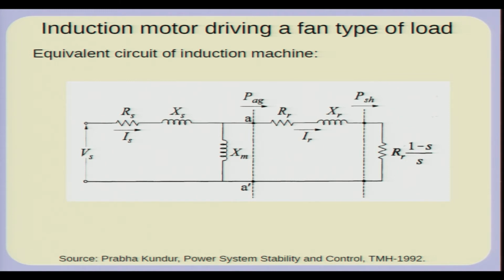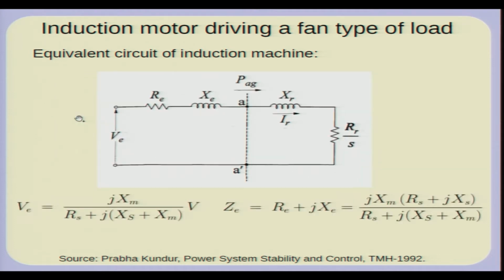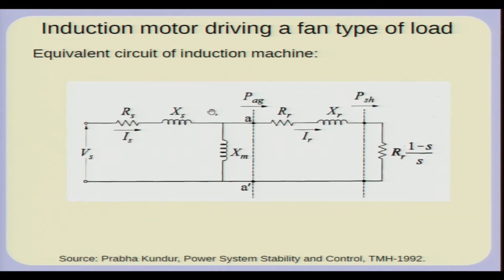This is basically the induction machine equivalent circuit, and you can take a Thevenin equivalent of this portion. The Thevenin equivalent open circuit voltage is VE, and RE and XE are the Thevenin impedance as seen when you look from this point towards the left. So, this whole portion is represented by a Thevenin equivalent.